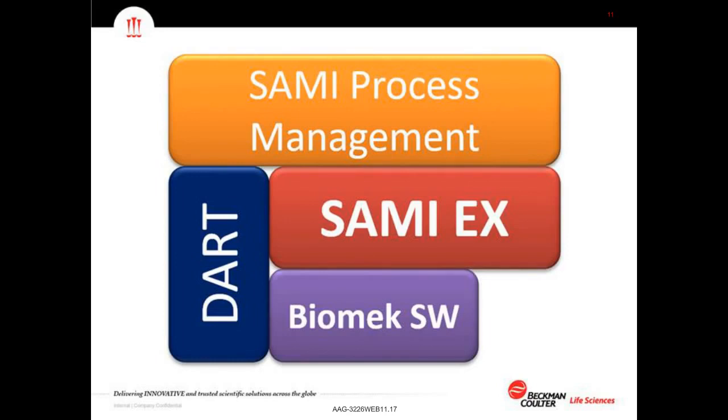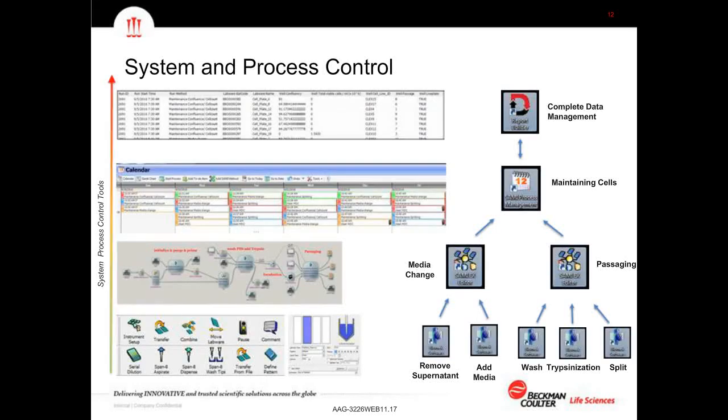Just to show you this in a slightly different way, and this is a fairly busy slide, but if you'll just walk through this with me, at the very bottom we have a representation of our liquid handling software, the Biomek software, and the kind of tasks that would facilitate are at that liquid handling level, so removing supernatant and adding media as an example of the two steps in the media exchange.